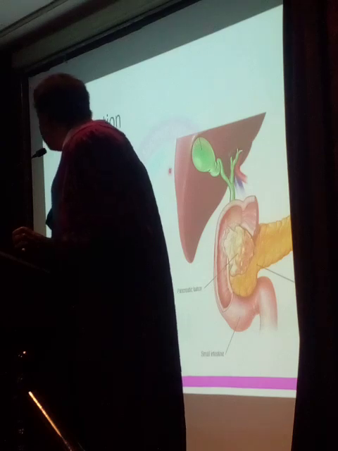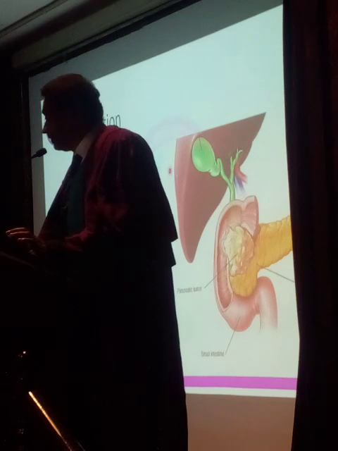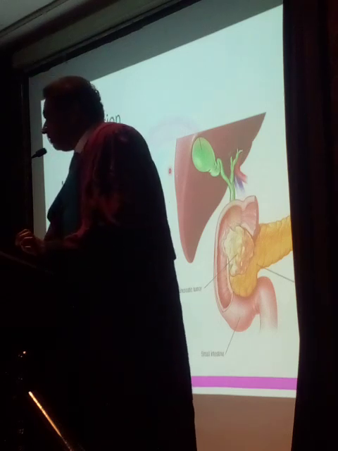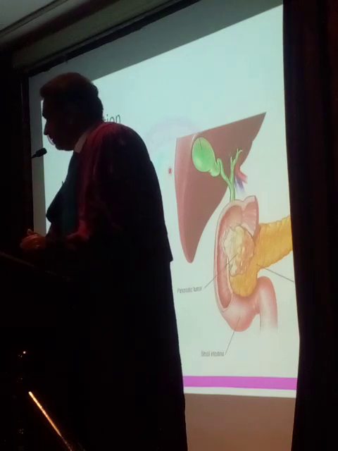So the patient usually presents with features of obstructive jaundice, right? And the body and tail tumors present with weight loss and an unusual type of epigastric pain, and sometimes they are treated various times for epigastric pain and dyspeptic symptoms. Sometimes they present after dissemination of the tumor.